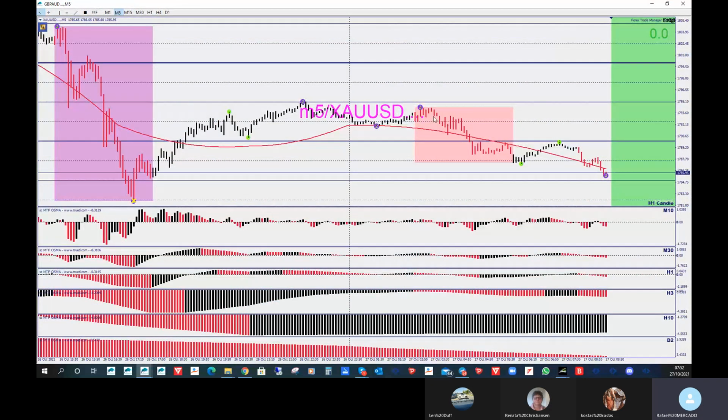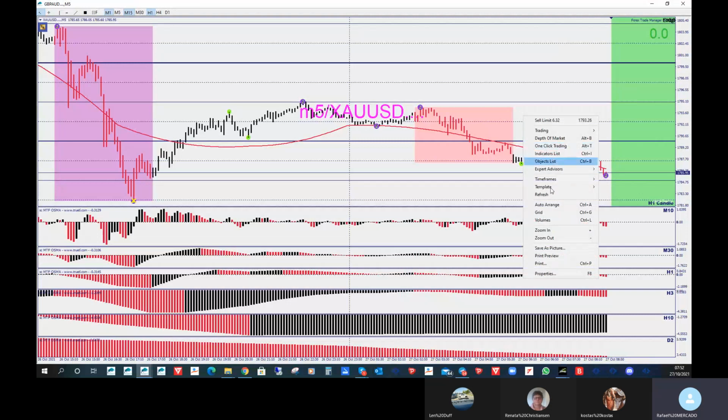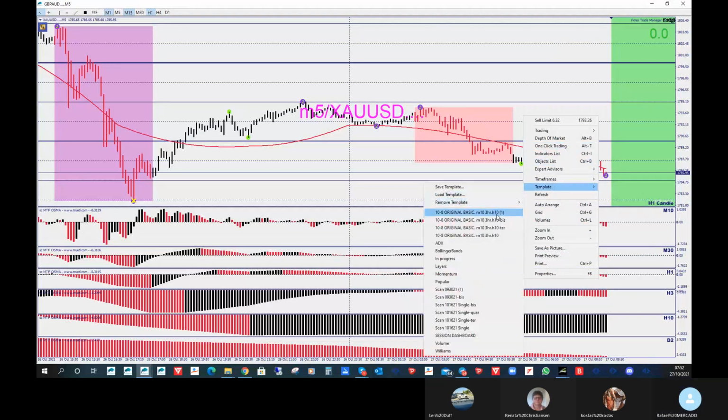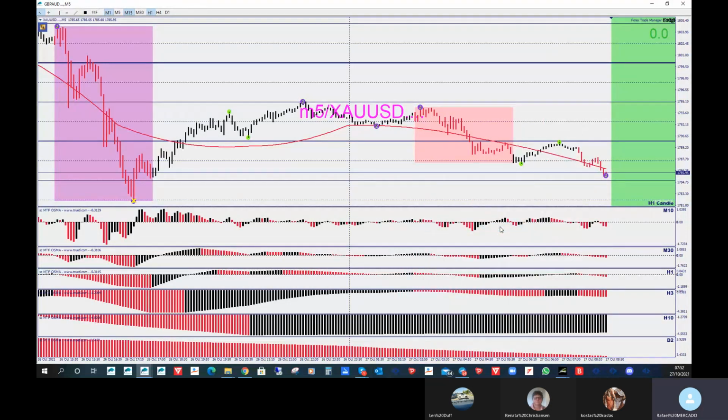Okay, so you see this three retracement ball maybe was here, before staying here. I have another template that I'm testing with fractals because I have a lot of problems watching where to set my stop loss.